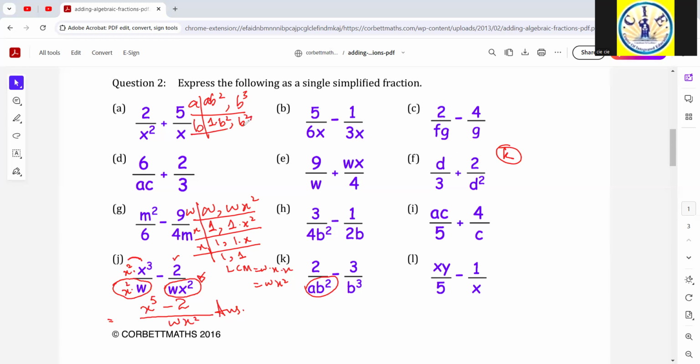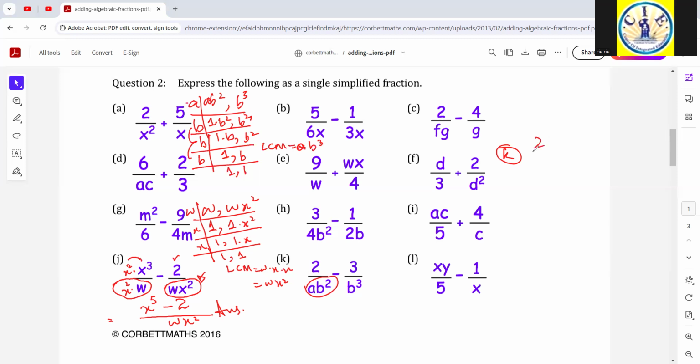Then dividing them by b, this is 1 times b and b square. Then dividing by b once again, this is 1 times b, and again b. This is 1 times 1. So the LCM is a times b cubed, and this is the denominator that we should be having.